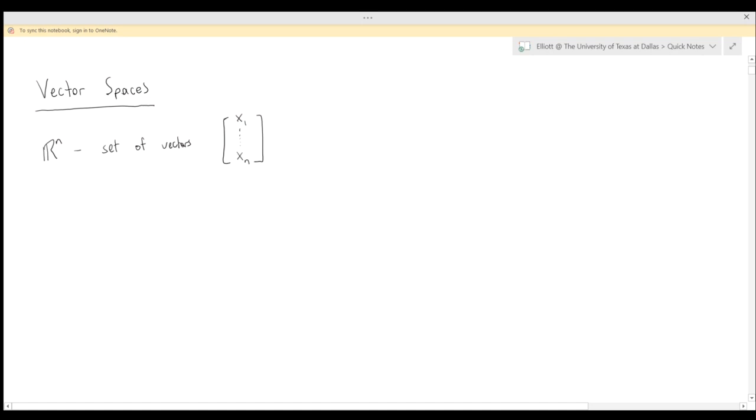The two most fundamental operations that we have on vectors are vector addition and scalar multiplication. So in particular, we can add these vectors.